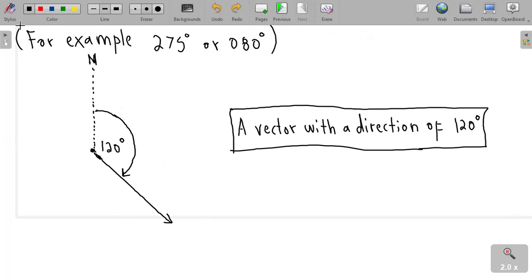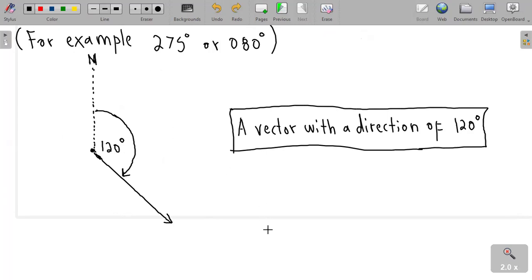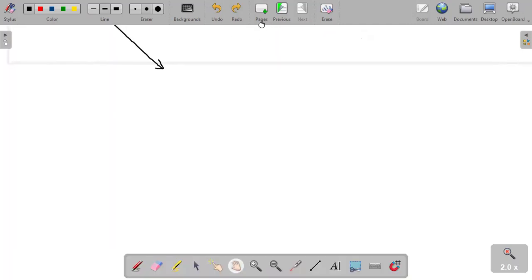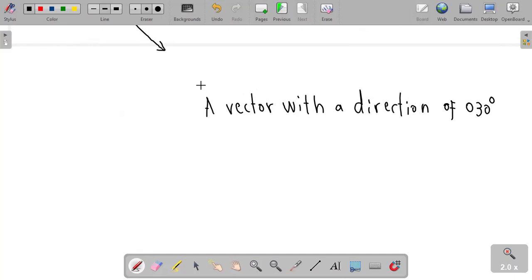Another example: say you have a vector with the direction of 030.